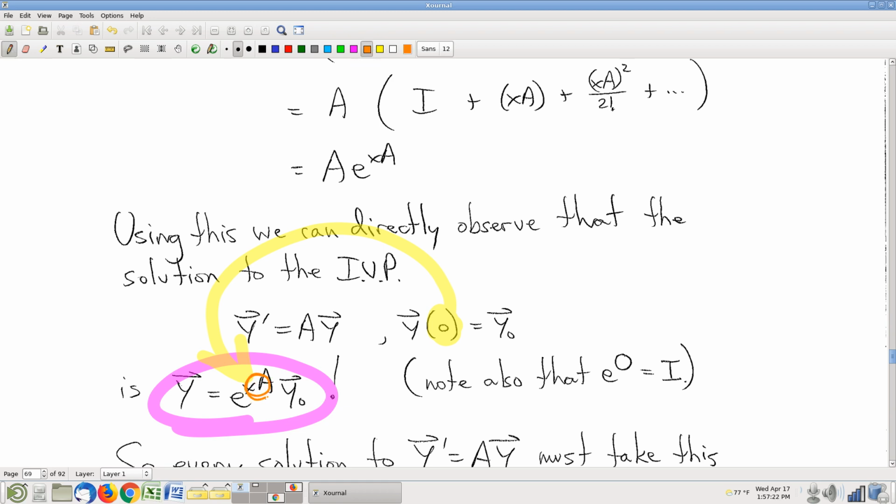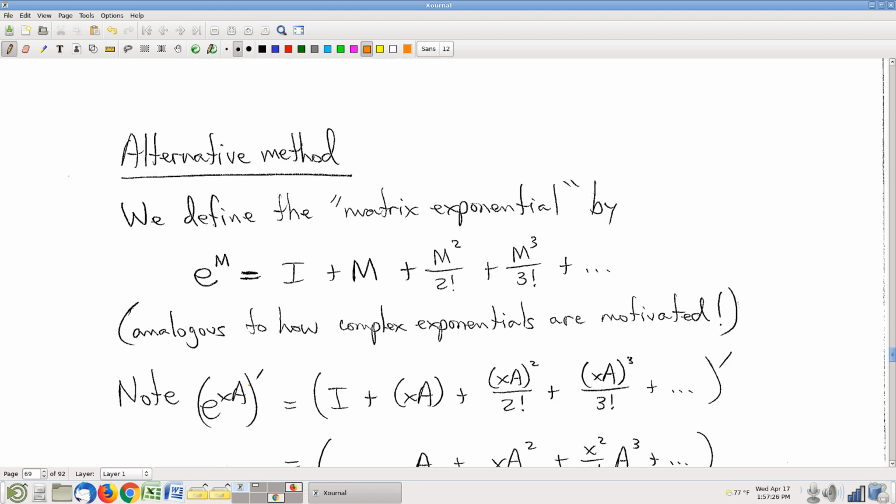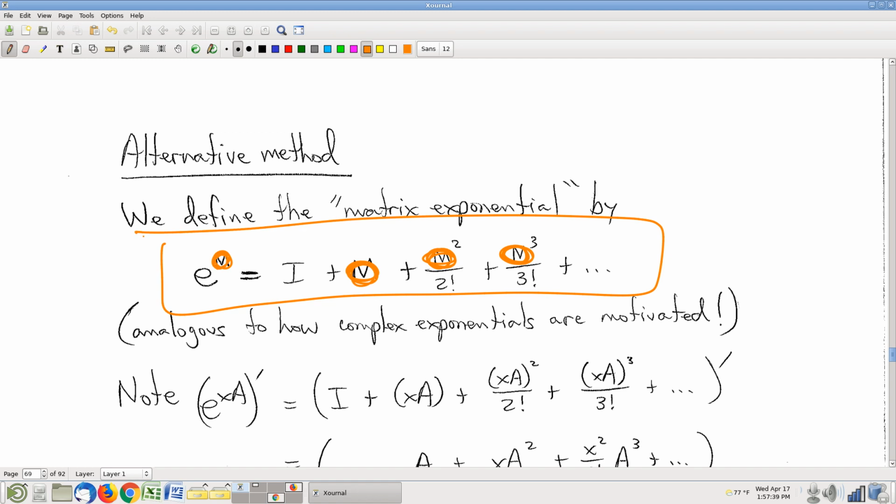I'm raising e to the power of the 0 matrix. What is e to the power of the 0 matrix? Just plug into this formula here. This simplifies very nicely as it's just the identity matrix. All the other terms go away.